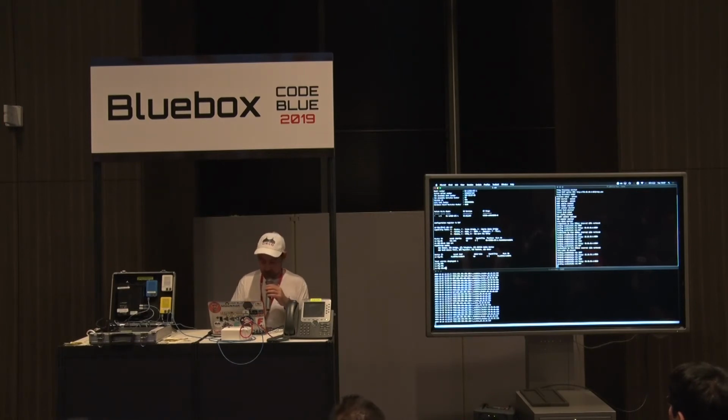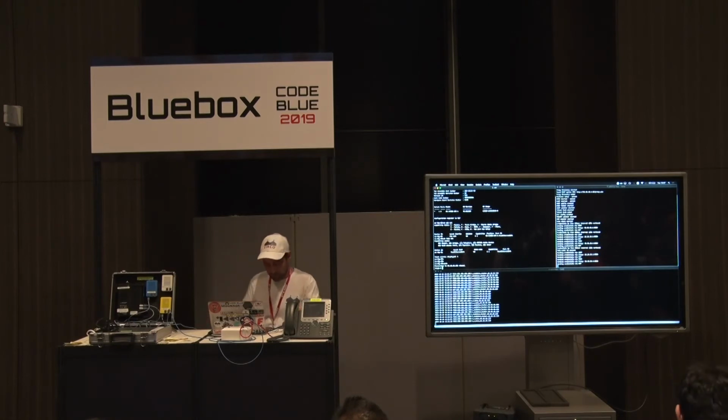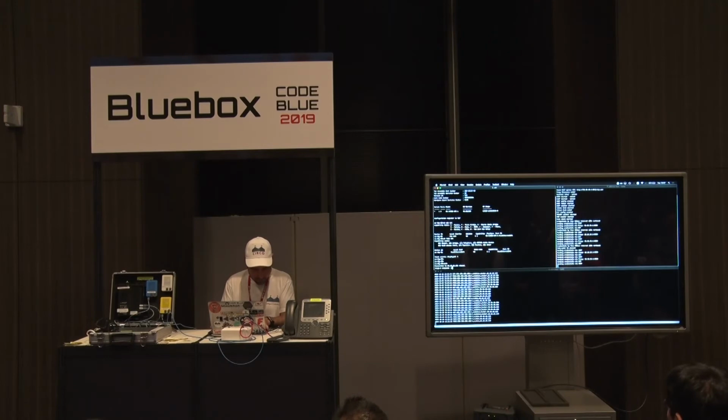What about SNMP? Just have a random community.